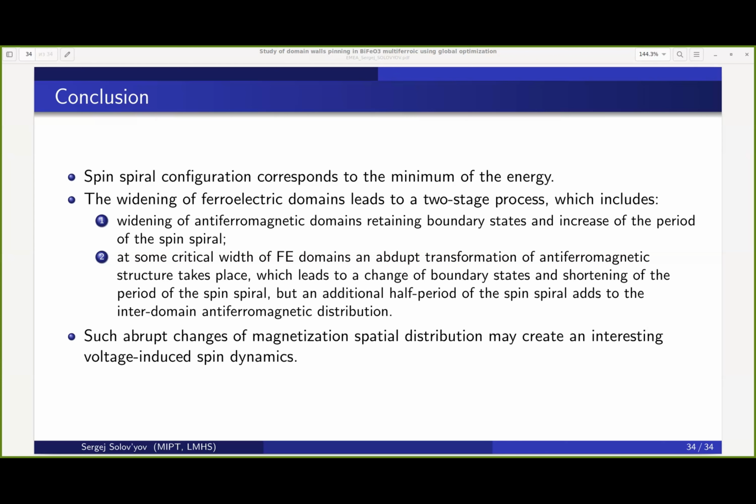And the third technique is novel NV magnetometry, which allows us to measure spin distribution, magnetization distribution of films at the nanoscale. Okay, thank you very much.